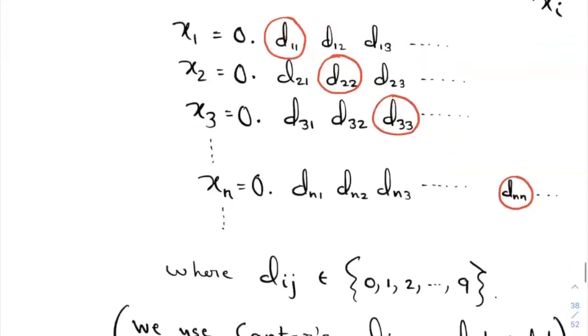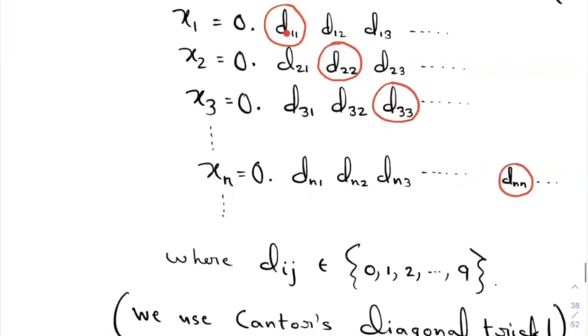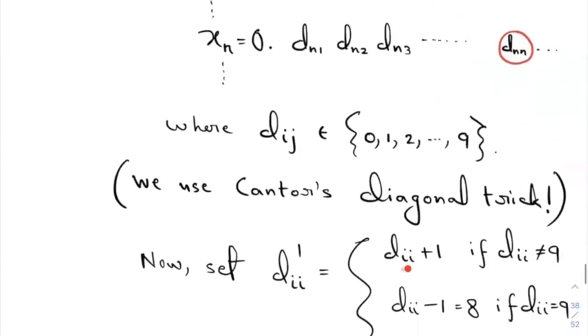And then after doing this, I'll simply change the digits a little bit. So for example, if d11 is say 5, I'm going to change it to 7 or something that is different from 5. Here I'm simply choosing the easier way.